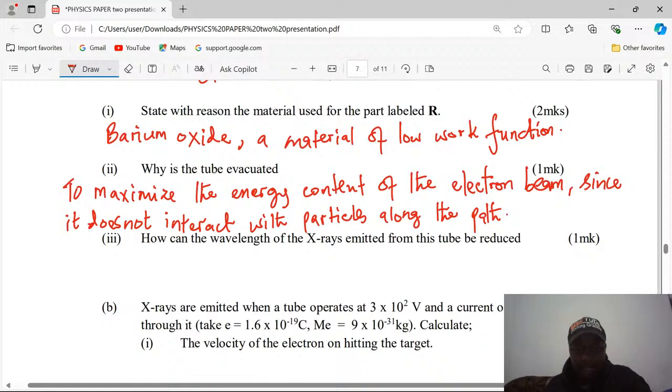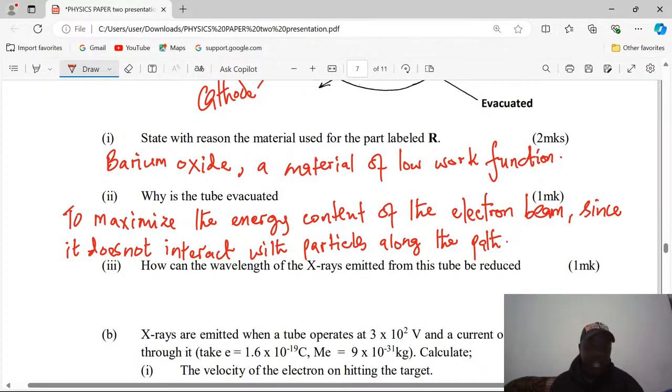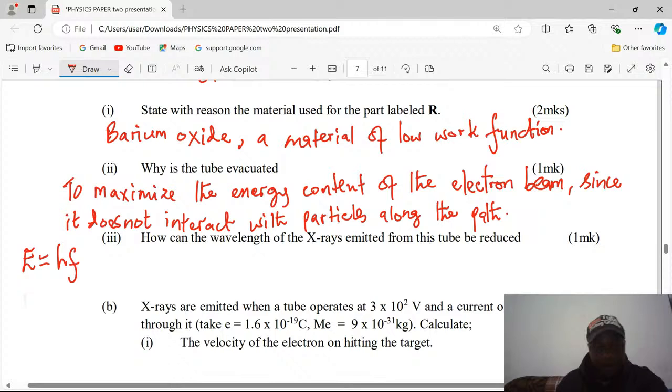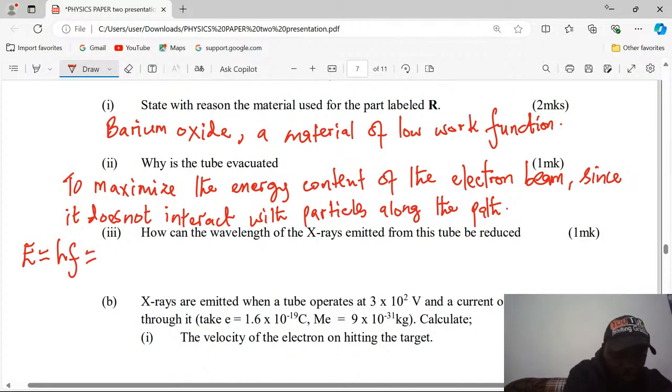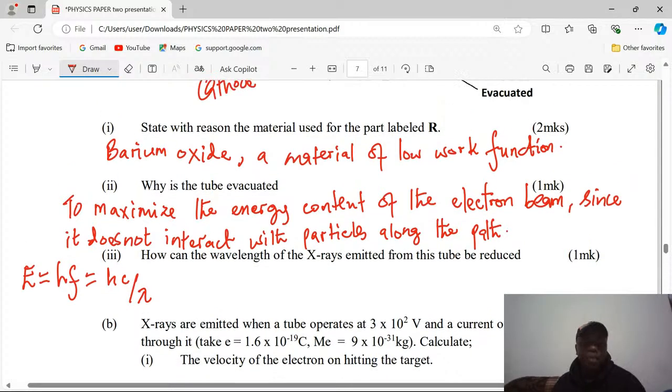How can the wavelength of the X-rays emitted from this tube be reduced? It's good to know that there is a relationship between energy of the X-rays and the wavelength, and also the frequency. In other words, we usually say that energy equals hf, Planck's constant times the frequency of the radiation, which is also equal to hc over the wavelength.